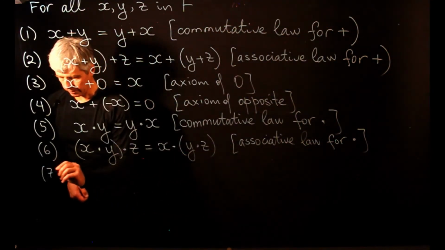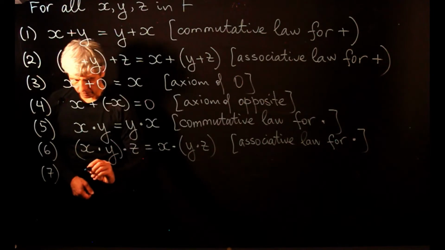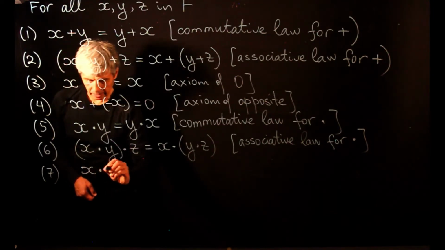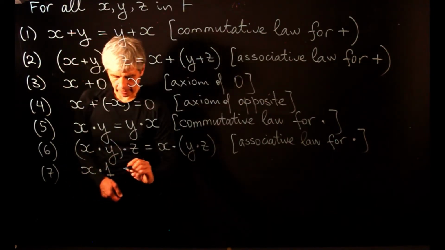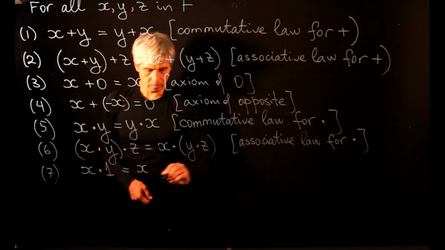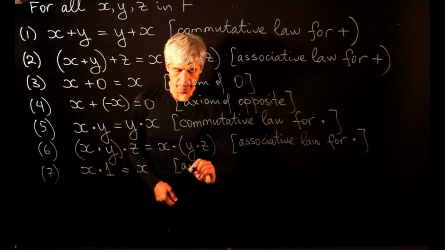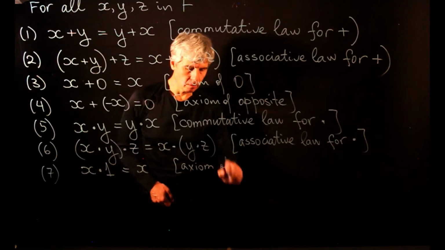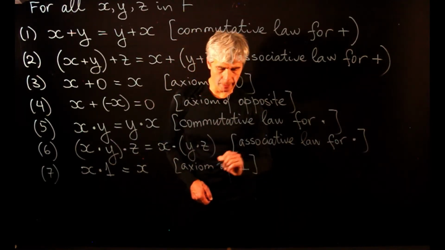Seven. We have x times 1 is equal to x. So this is the axiom of unit 1.